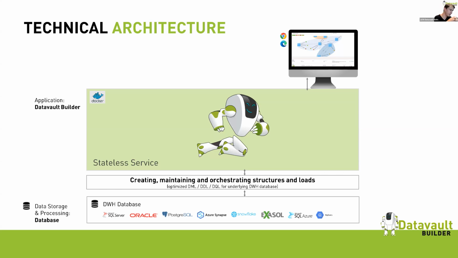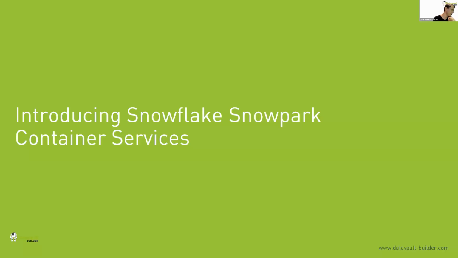You can deploy it with Kubernetes, in the cloud or on-prem. And now with Snowflake Snowpark Container Services, it will also be possible to deploy it directly within Snowflake's infrastructure. And for that part, to give an introduction to Snowflake's Snowpark Container Services, I'll hand over to Carsten.